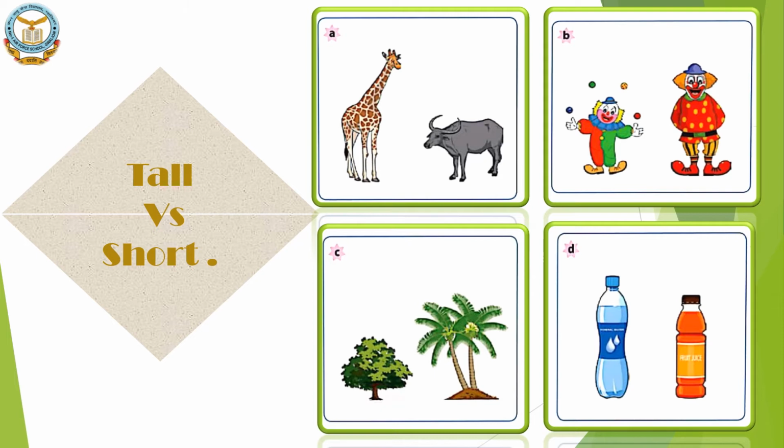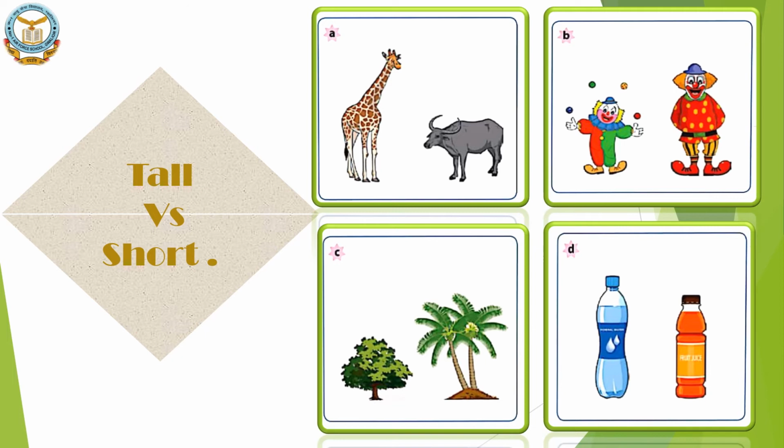Let's move to picture B now. Can you guess which one is taller in this picture? Absolutely right. The joker on the right hand side. Let's move to picture C now. Now students, you have to guess which one is shorter in this picture. Fantastic.